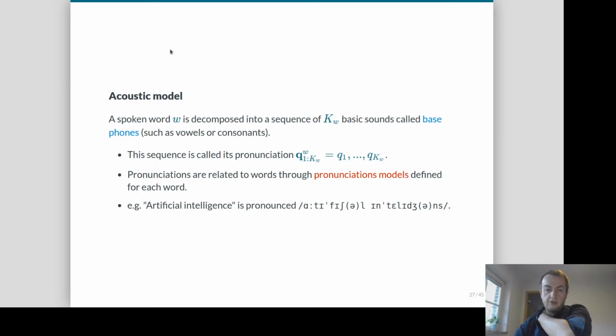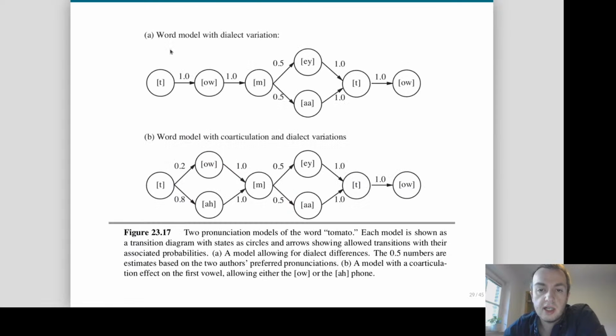So what we've done so far is take words and split them into base phones, basic sounds, and this sequence of basic sounds is called a pronunciation. As I said already, a same word may have different pronunciations, depending on the accents or the dialect that you consider for the language.